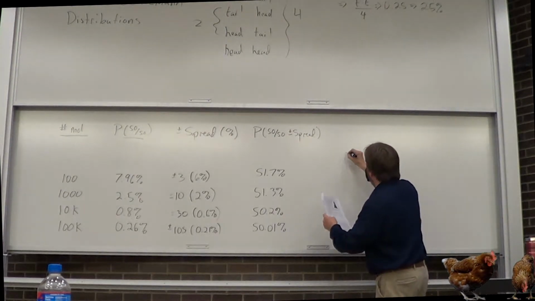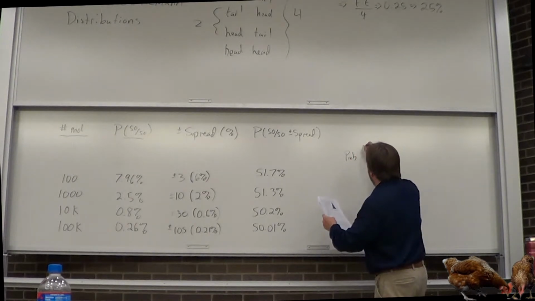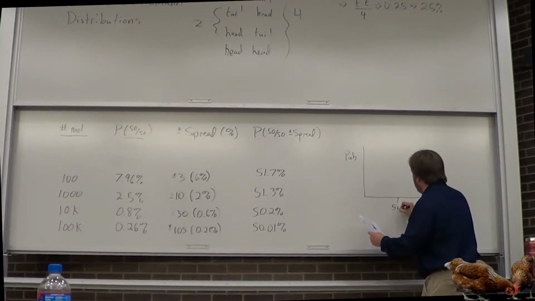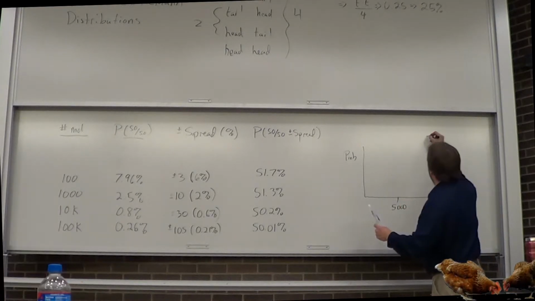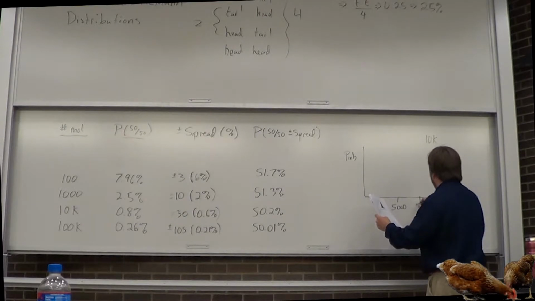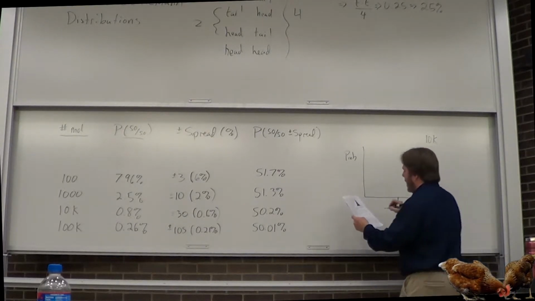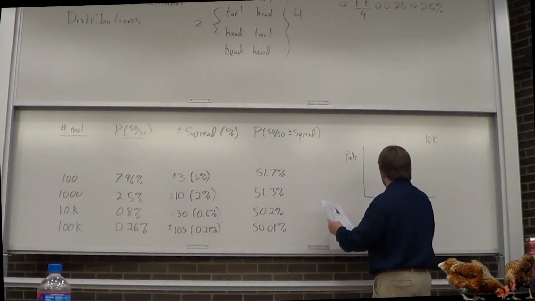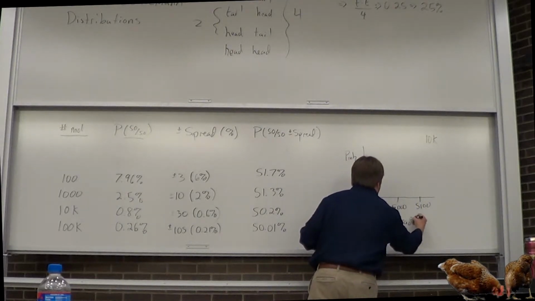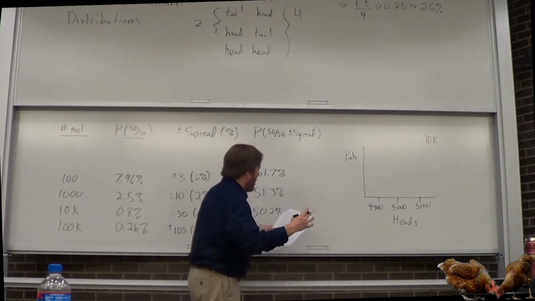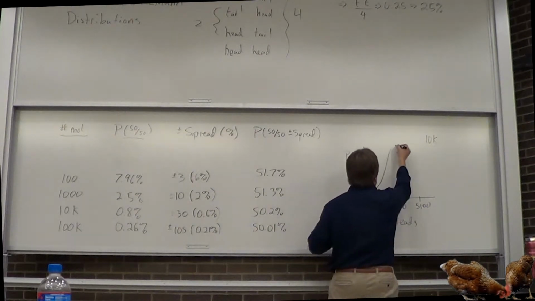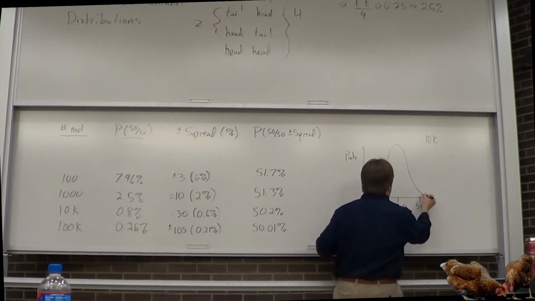For those of you who are a little bit more mathematical, I'm going to include a graph of this. So this is for 10K tosses. What I did was I histogrammed the results. This is the number of heads. And again, remember that the point of this is that it's absurd to think that you're going to get exactly 50-50.